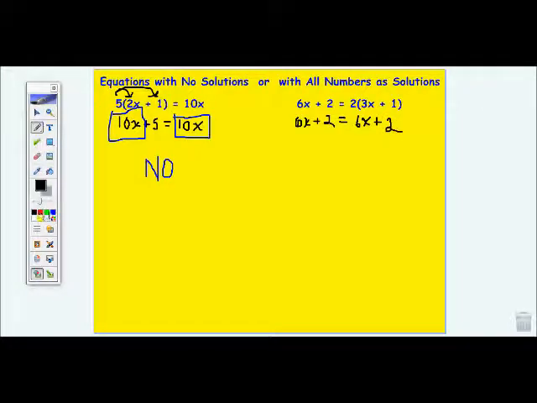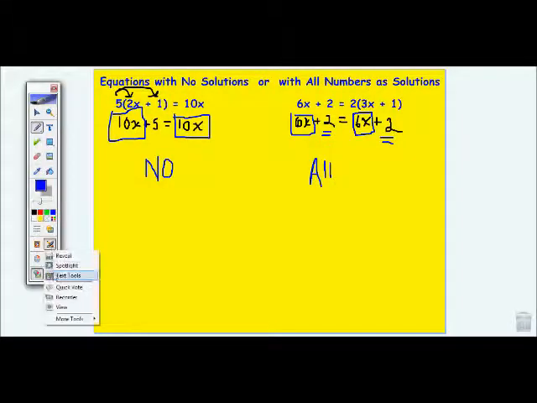Again, I'm going to stop here. I have this same variable, 6x and 6x, and on either side of the equal sign, they're both having the same operation done to them, adding the same constant term, positive 2. So both sides are exactly the same. That means no matter what I substitute in for x, all numbers will be the solution.